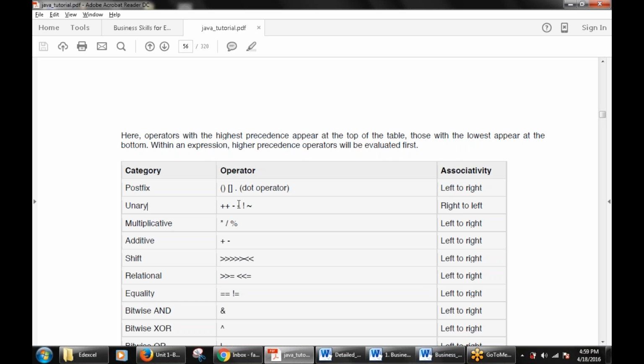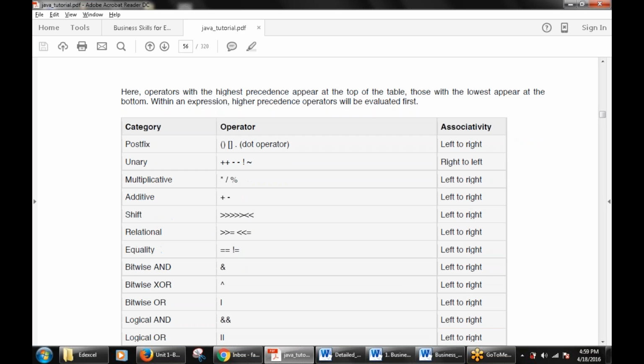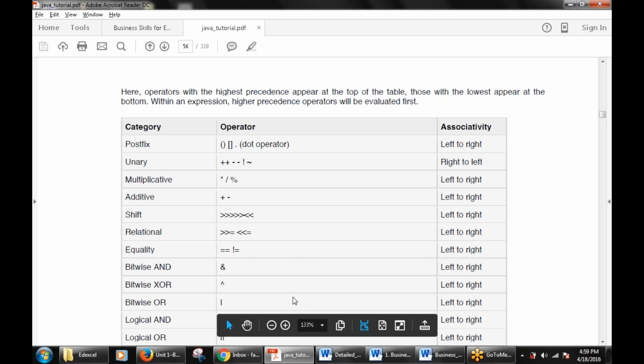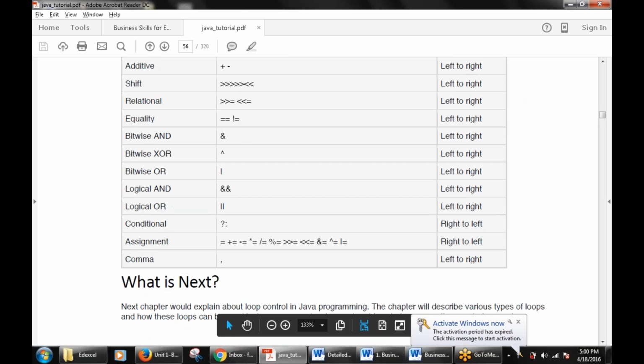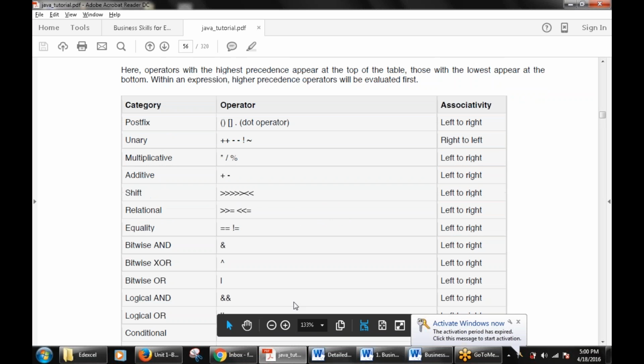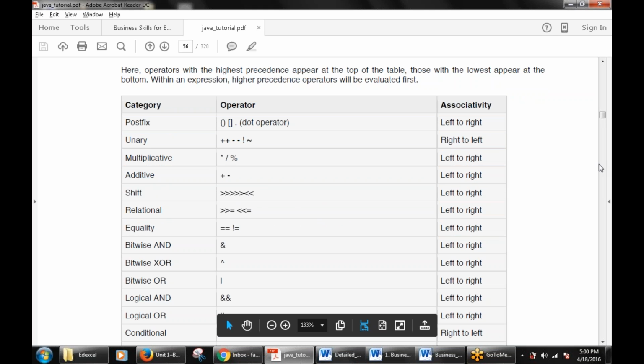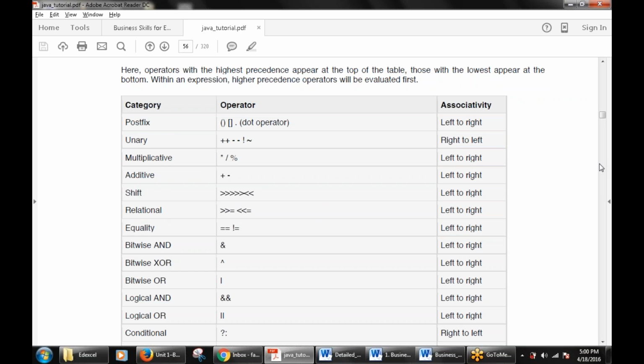The unary operators, that is plus plus, minus minus, then multiplicative, that is asterisk or percentage, then additive, then shift operators, then relational, equality, bitwise AND, that is the ampersand sign, then bitwise XOR, logical AND, logical OR, conditional operator, assignment, and the comma operator. These are the various categories. So this table shows the various types of operators used in Java and their precedence.